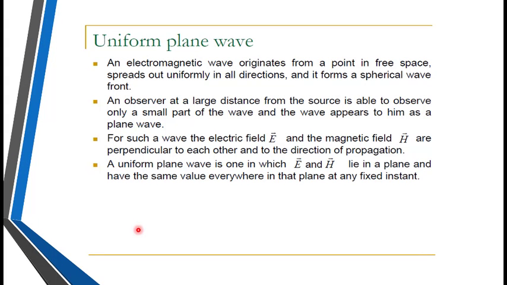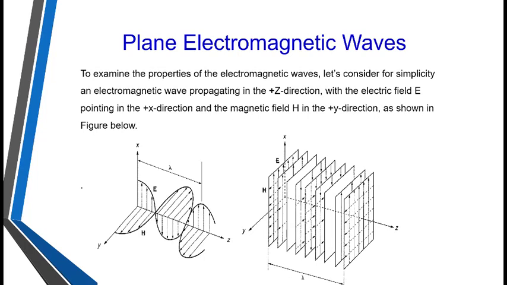So there is one more concept of uniform plane wave. An electromagnetic wave which originates from one point in free space and spreads out uniformly in all directions forms a spherical wavefront. It's called a uniform plane wave. It means for every slice the E field and H field remain constant, and they are exactly perpendicular to each other.